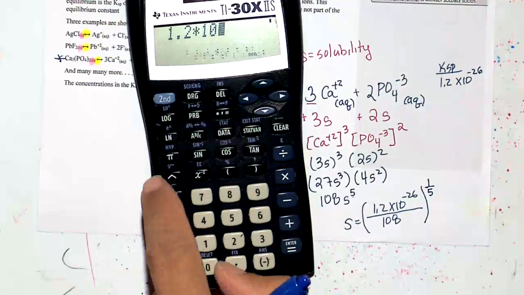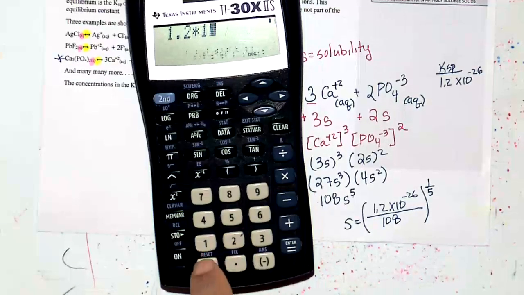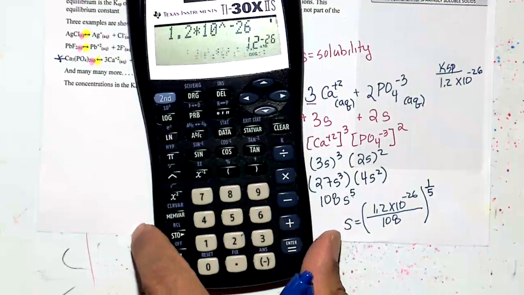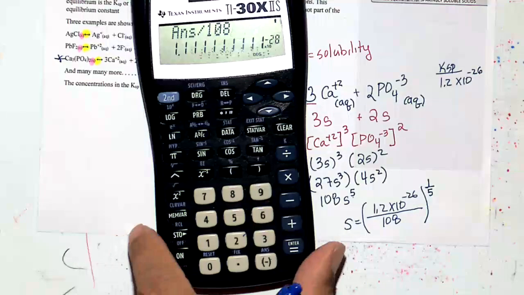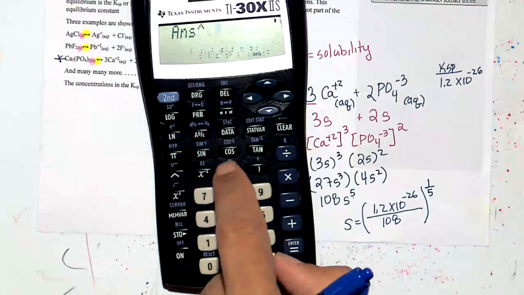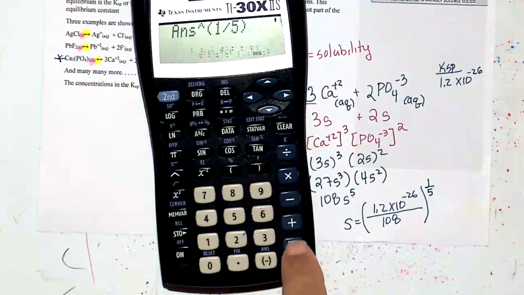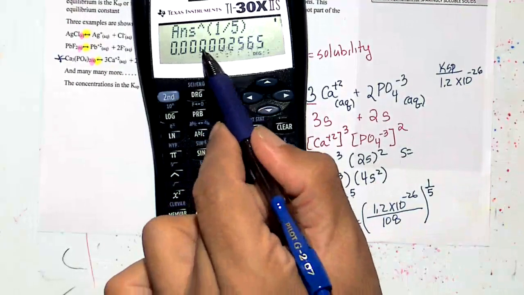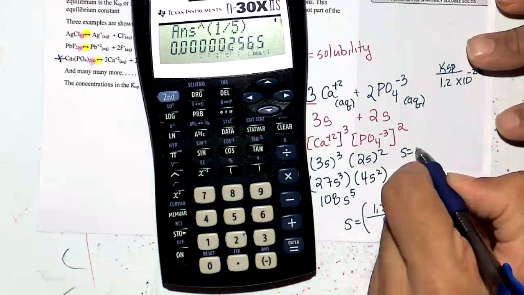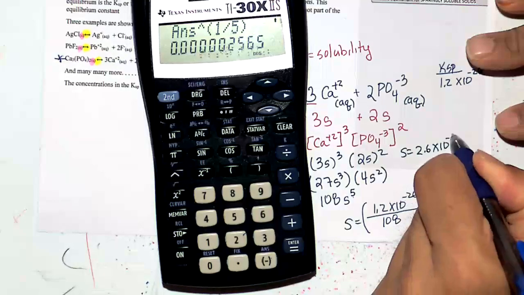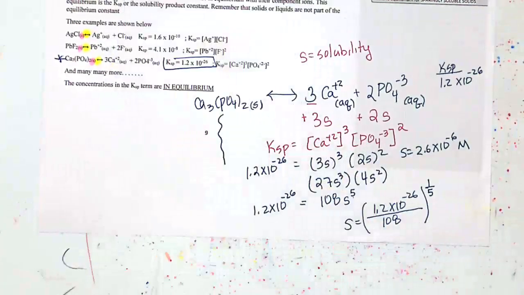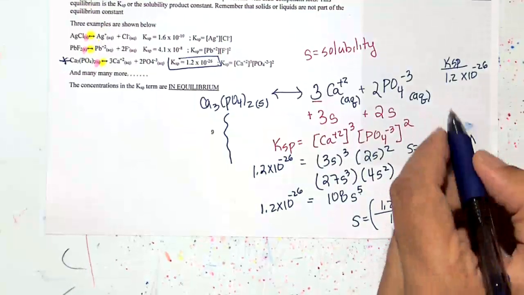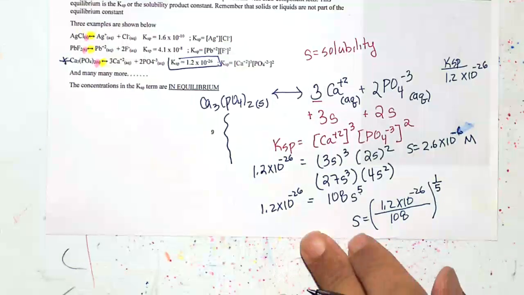So 1.2 times 10 to the minus 26 divided by 108. We're going to take that to the power of 1/5, and we're getting about S equal to 2.6 times 10 to the minus 6 molar. This is moles over a liter.